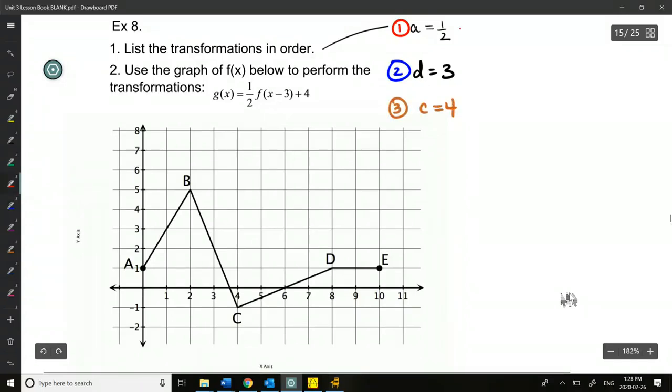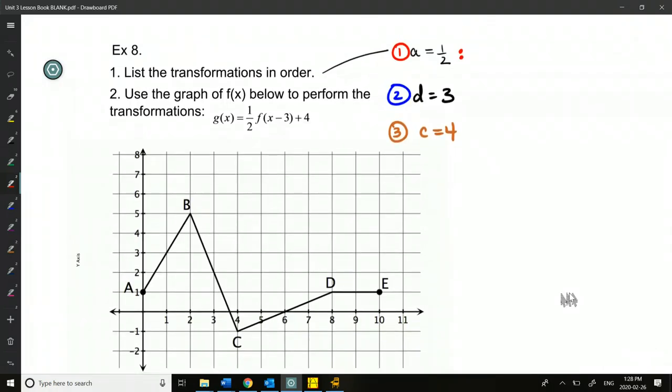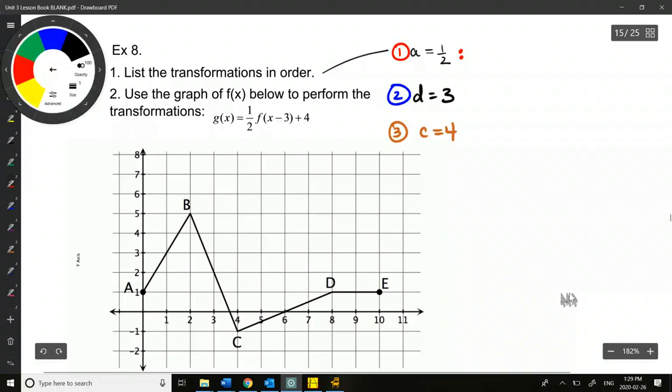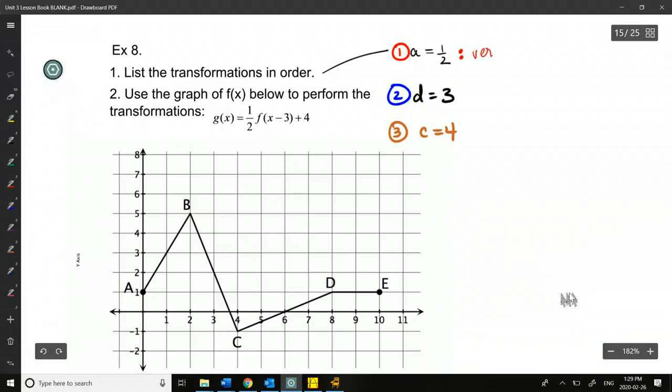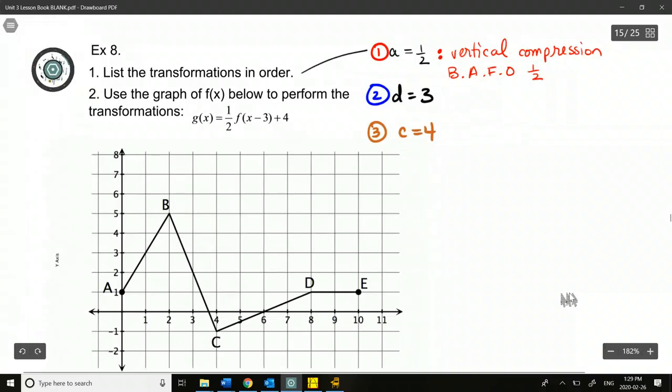Can somebody tell me what each of these do to our graph? Cameron, you want to start us off? Very good. Vertical compression by a factor of 1/2. D value of 3, what does this do to our graph? Charlie?